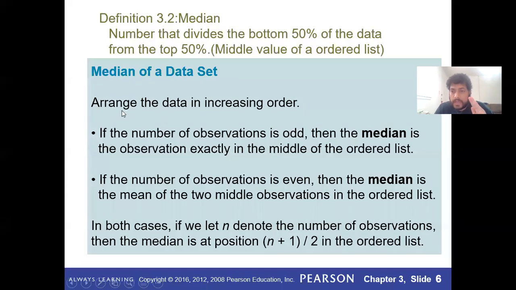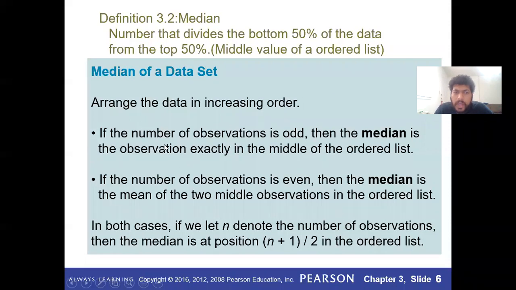First of all, please keep this in your mind: arrange your data set in ascending, or increasing, order. That's number one. The median is like dividing your data set into two pieces, 50-50. That's the idea behind the median.